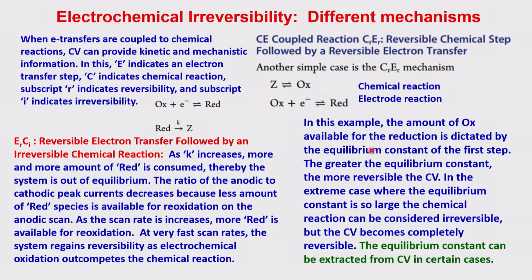This depends upon the equilibrium constant of the first step, how much of the oxidized species is available. So this is a reversible chemical reaction followed by a reversible electrochemical one, CRER.